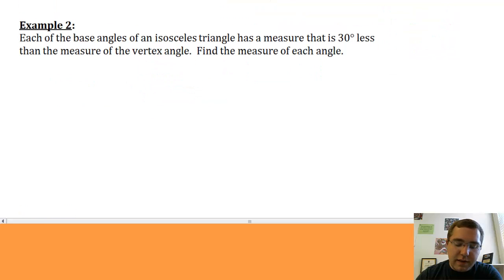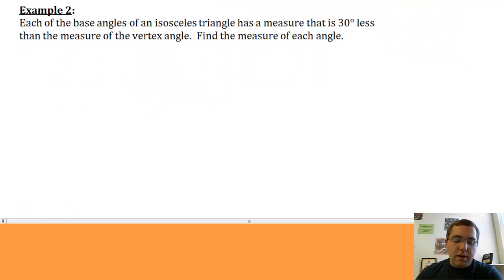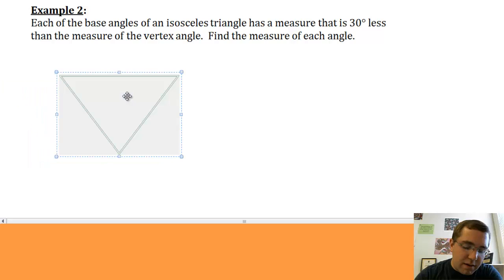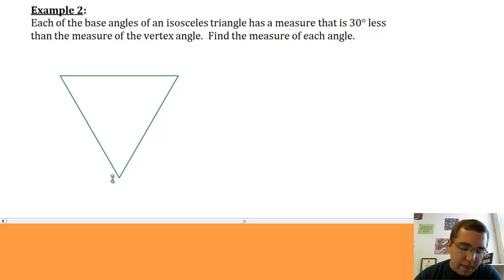Let's move on to example number 2. Each of the base angles of an isosceles triangle has a measure that is 30 degrees less than the measure of the vertex angle. Find the measure of each angle. Geometry. So you have to remember some stuff from last year. An isosceles triangle might look like that, where you've got two sides that are equal.